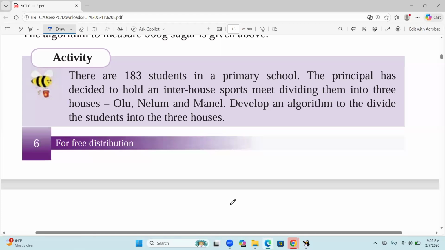Develop an algorithm to divide the students into the 3 houses. Now try it. You have to write the algorithm. Okay, sir.